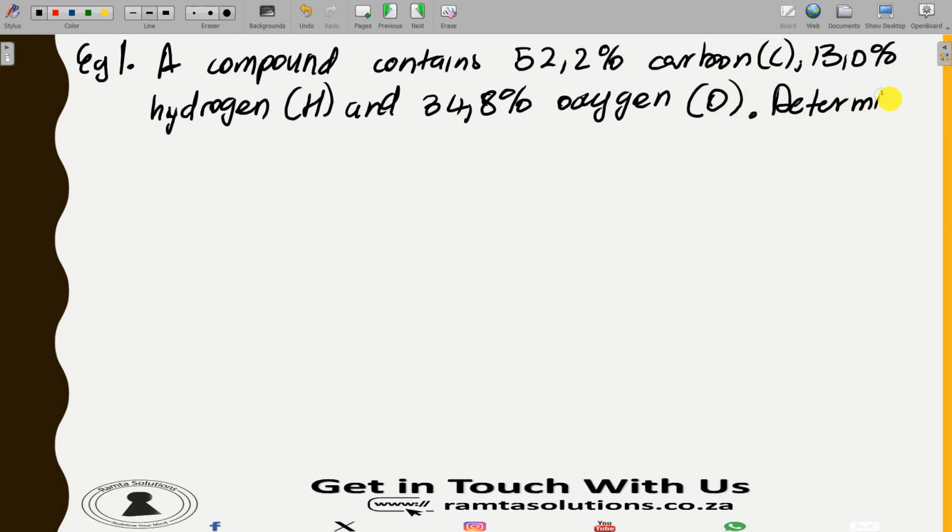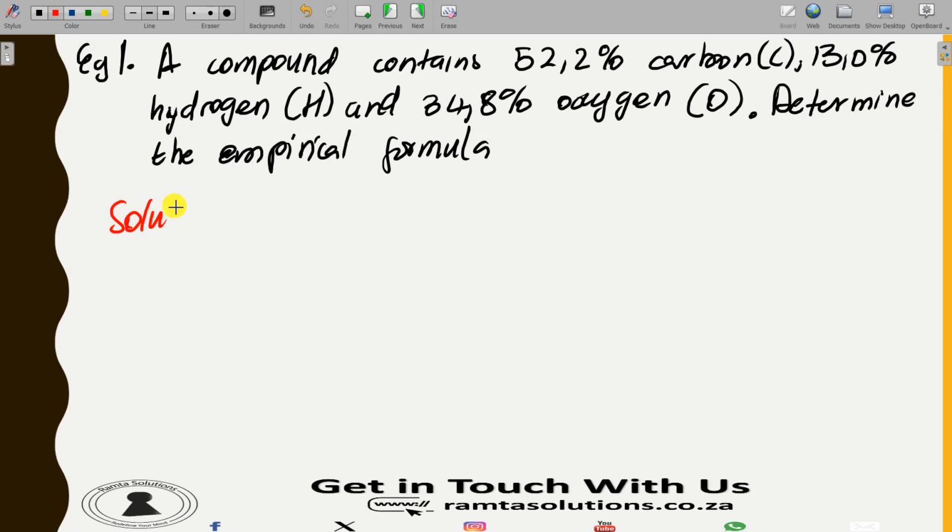Okay, this is your question. Determine the empirical formula. As you can see, you are given a percentage composition of each element here. So for our solution, first we're going to assume 100 grams of sample.